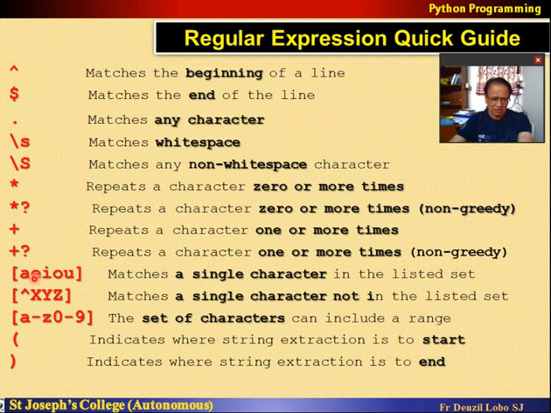Here is a set of characters, a range, A to Z, and you can include a range here. The start bracket and close bracket indicate the string extraction, and we will be coming to that. There we will use these brackets to extract the string within the two brackets. What it is, you will come to know immediately.